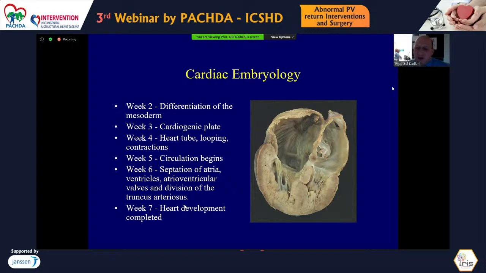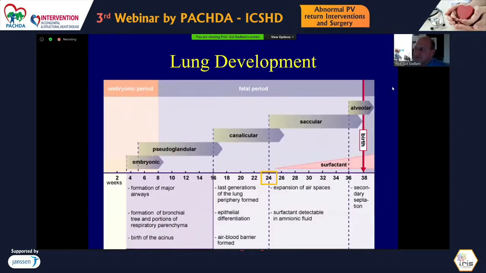Our lungs will develop separate, and our pulmonary veins will grow back to the left atrium and meet the left atrium and then have disintegration of the membrane between. We saw the great presentation of the cor triatriatum that has lack of disintegration of that membrane from a partial standpoint, or total anomalous pulmonary venous return if the membrane were to stay in completeness.